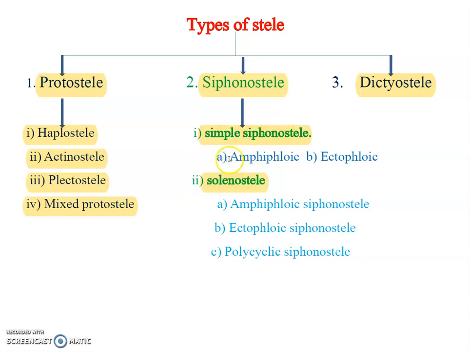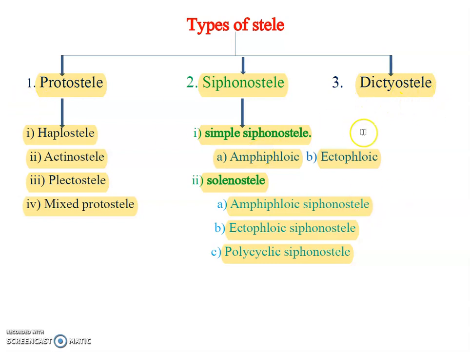Simple siphonostele is divided into two: amphiphloic siphonostele and ectophloic siphonostele, while solenostele is divided into three: amphiphloic, ectophloic and polycyclic. Or we can say amphiphloic solenostele, ectophloic solenostele and polycyclic solenostele. And the third one is dictyostele.